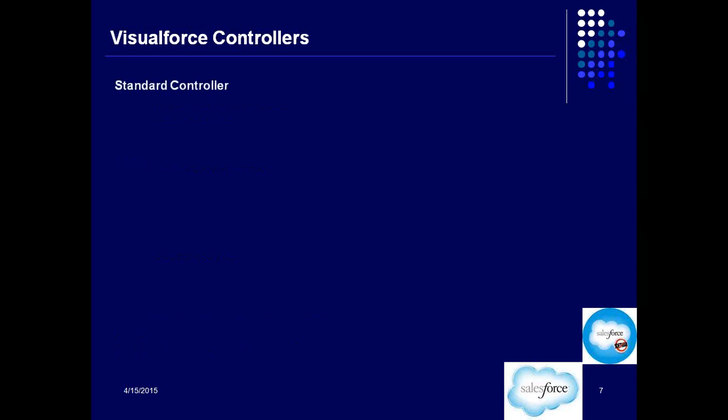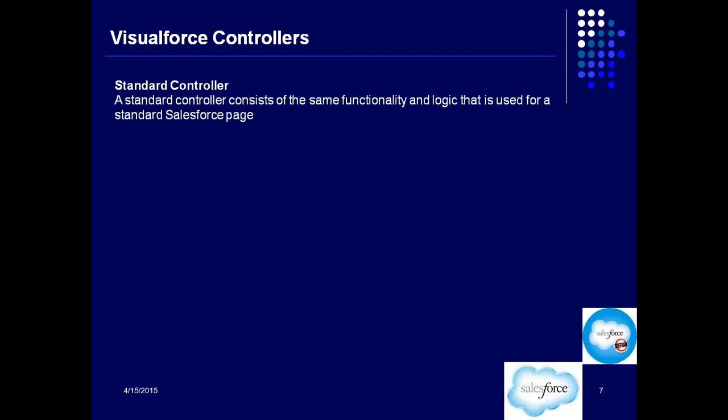There are primarily 4 different types of controllers. The standard controller consists of the same functionality and logic that is used for a standard Salesforce page. Salesforce has a standard and custom concept for everything: standard object, custom object, standard field, custom field.